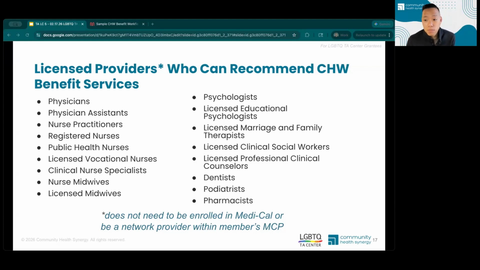They don't necessarily have to be paid. They can be a physician, a psychologist, an LCSW, an MFT, LMFT. They can be a podiatrist, so they can be any type of provider.